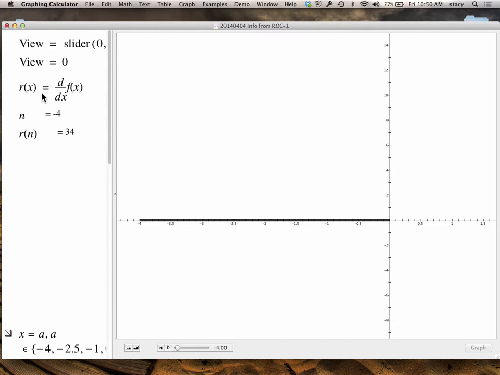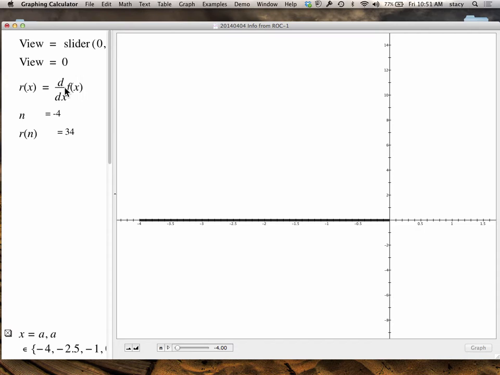Okay, so what I've got here is a function, so ignore the view stuff, that's for me. So r of x equals the rate of change of f of x. So what's the implication for what kind of function f of x is? F of x is a rate of change function? Chances are it's an accumulation function, right?